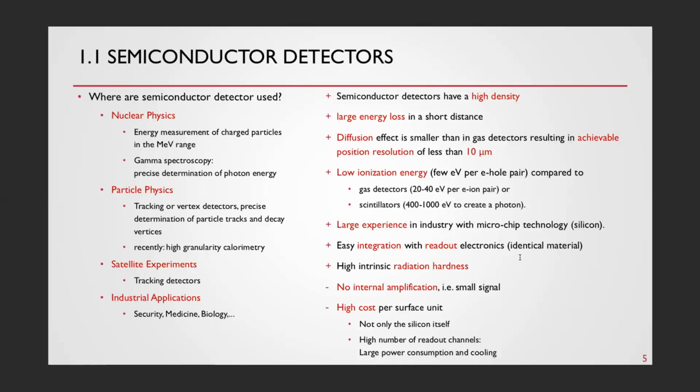And silicon has a very high intrinsic radiation hardness. That's a very big advantage. Lead tungstate, for example, the electromagnetic CMS calorimetry, is also radiation hard, but not as much, and hence in the areas that are closest to the beam pipe it has already lost 95 to 96% of its initial light yield.